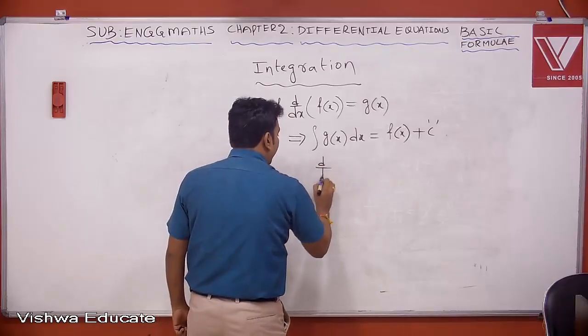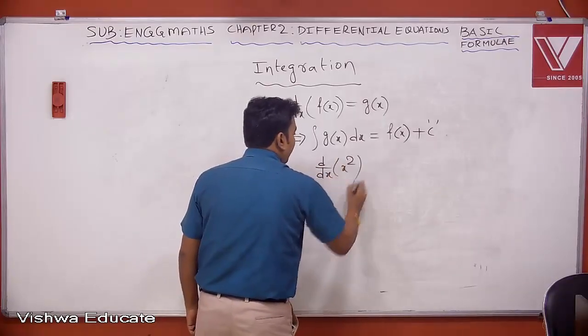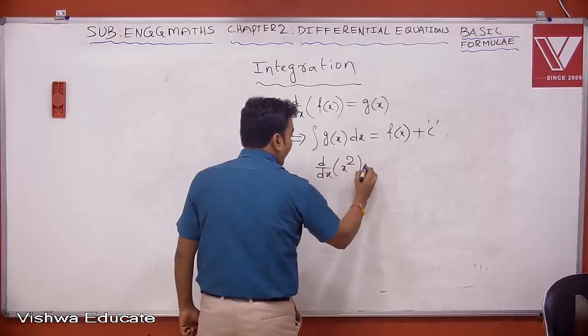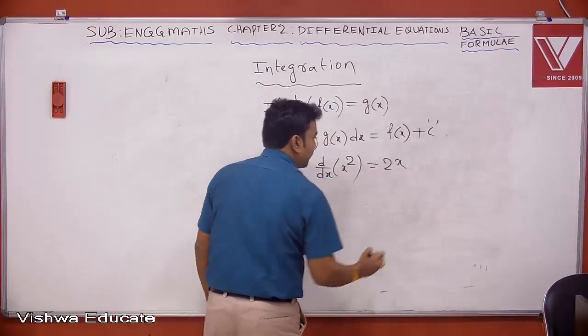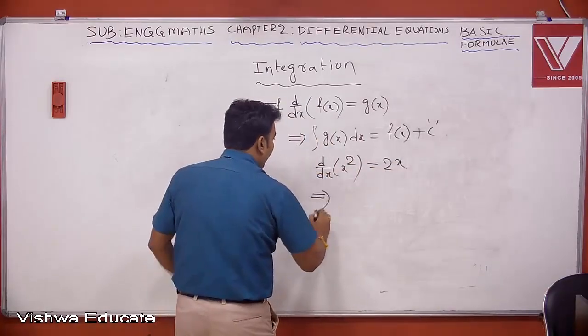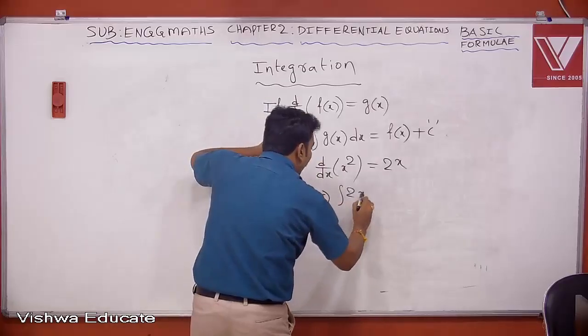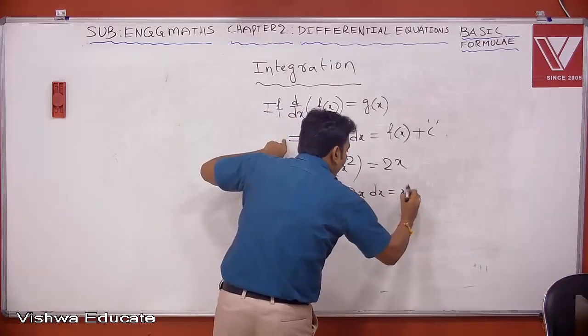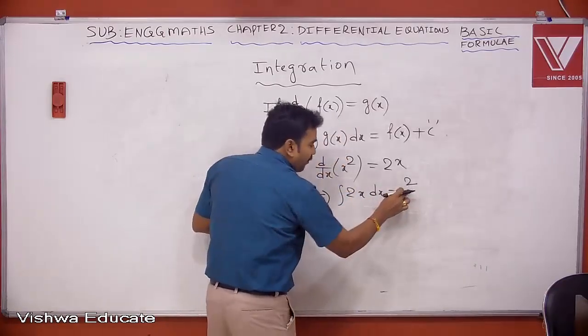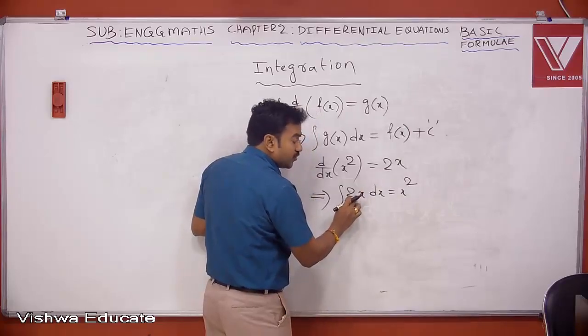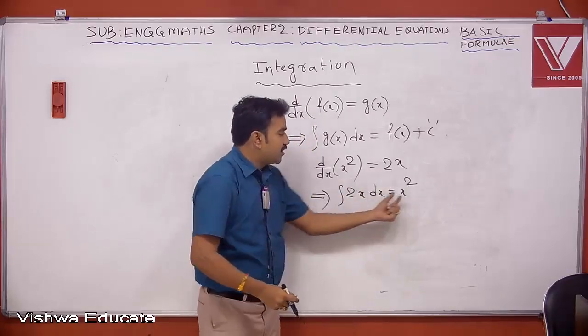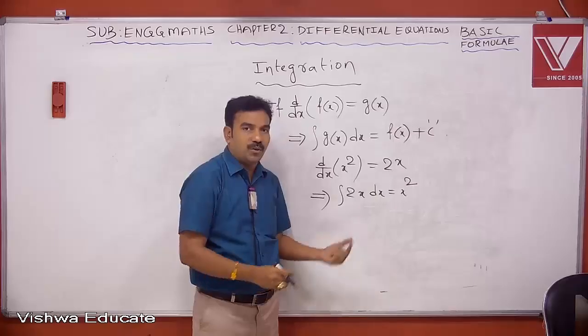Suppose d by dx of x square is 2x. That means, according to this rule, integral 2x dx equal to x square. So derivative of x square is 2x. But don't think that this is the only function for which the derivative is 2x.